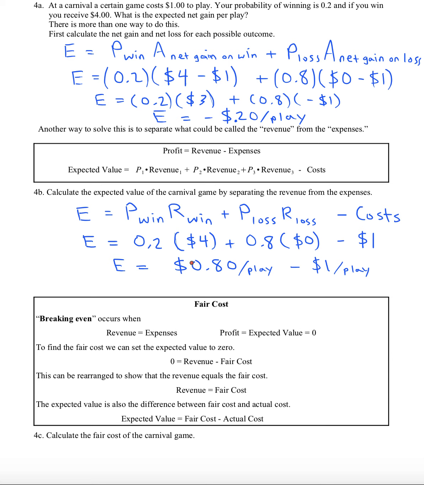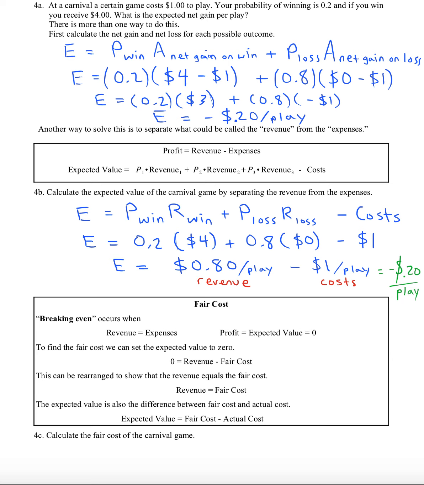So you see, it separates the average revenue from the costs, and you can see the balance between the two. So here, the reason why this game isn't fair is that the costs actually exceed the revenue. That's what makes our end result negative 20 cents per play.